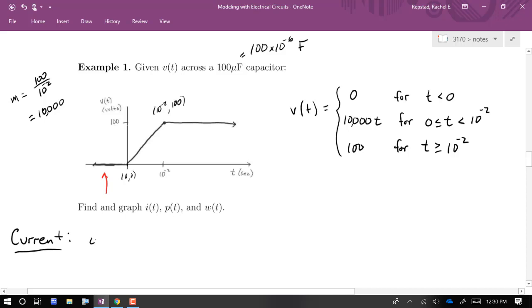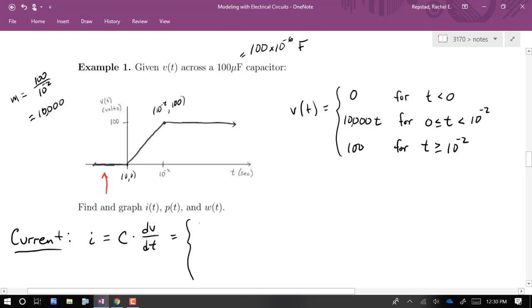The current is given by capacitance times dV/dt. And so we're going to use our voltage function, and we're going to find a different function for each of these 3 time intervals. I'm just going to take the derivative of the voltage and multiply it by the capacitance.